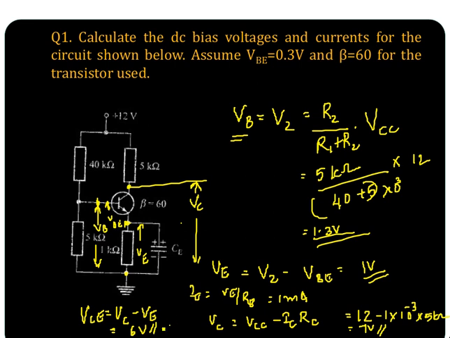So you have got the DC bias voltages, and currents also you got. IE you got, isn't it? And if the currents are also asked, you can find IB. If you know IC, what is IB? IC is equal to beta times IB. Substitute and find out IB.